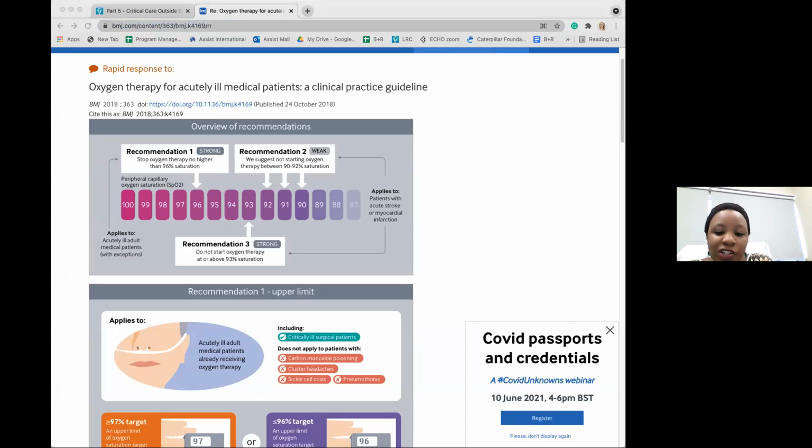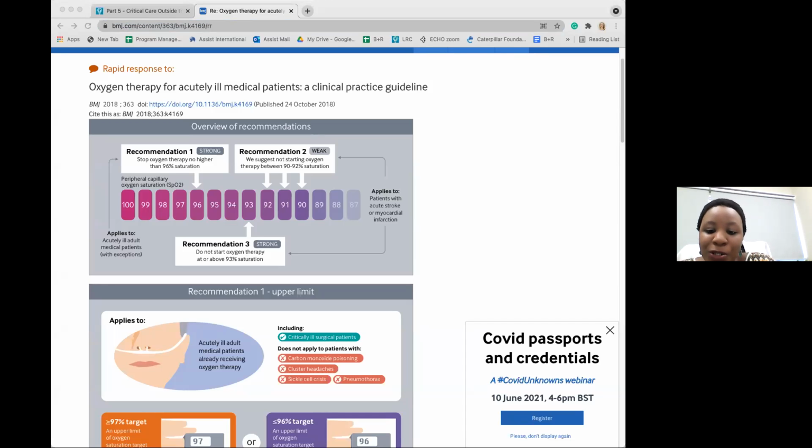This is the population of patients who were being studied. This was a systematic review and an analysis of various studies in 2019. What it showed is that sometimes we give too much oxygen, and giving too much oxygen actually increases the mortality for medical patients in the hospital.